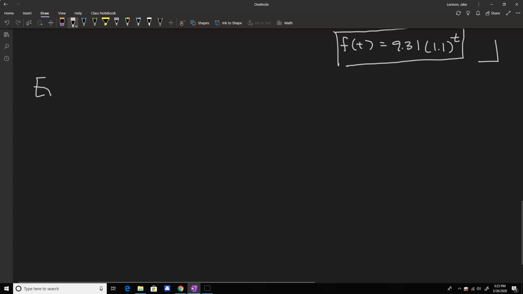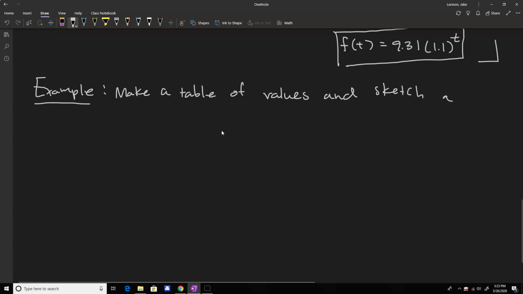So example: make a table of values and sketch a graph of each function.